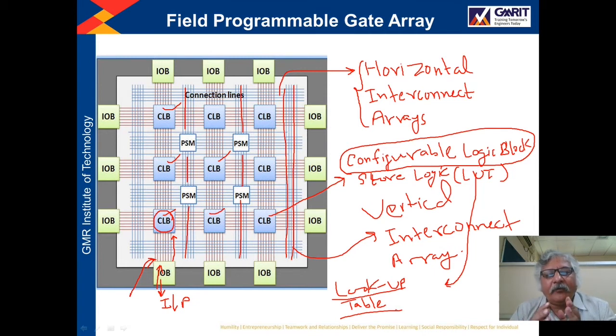Depending upon the inputs, whatever logic we have stored inside the CLB, some output will be generated, and that output will be routed to an IOB block which is programmed as an output. So from that output pin we will get our output. In this way it operates.